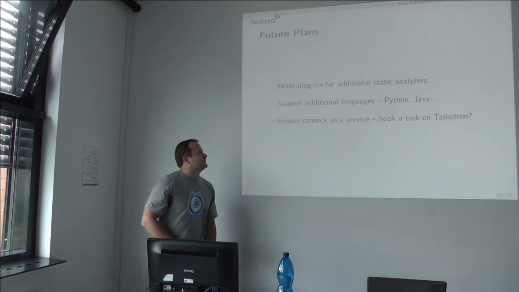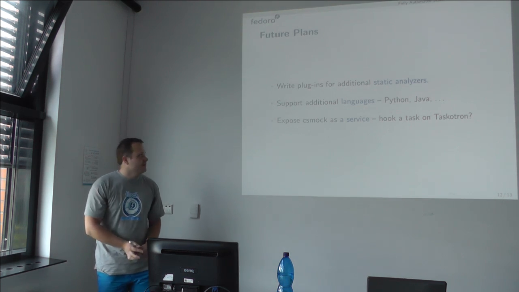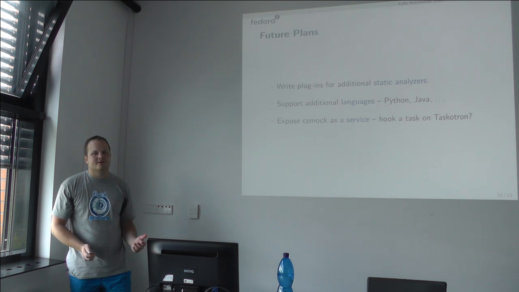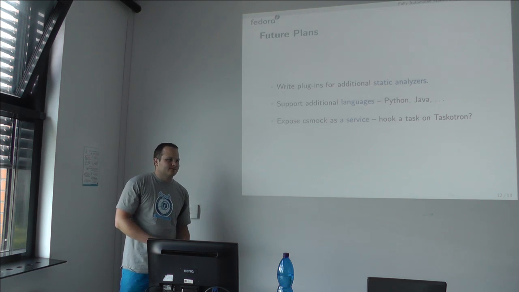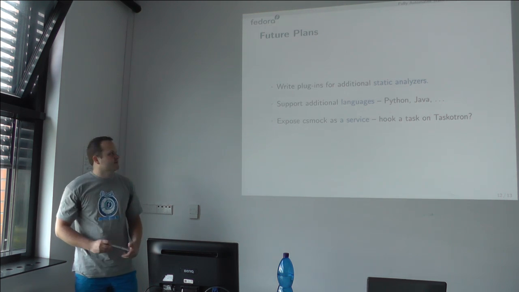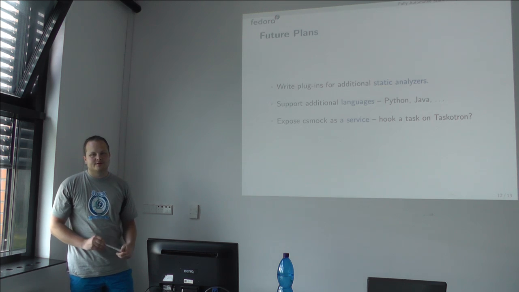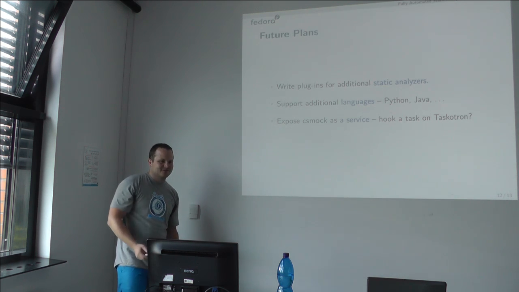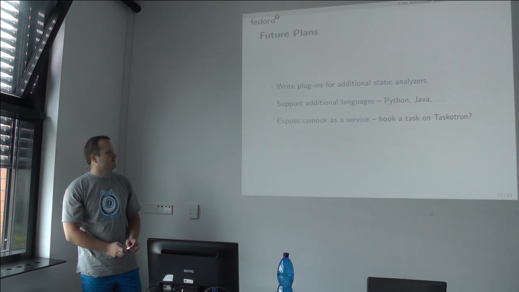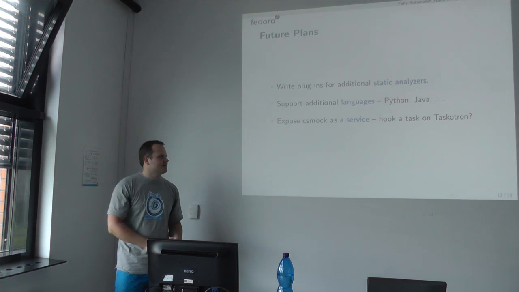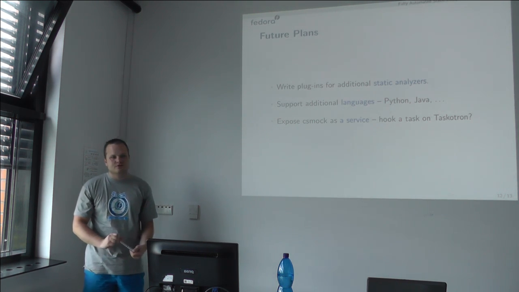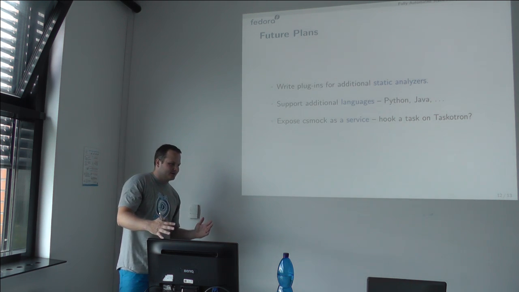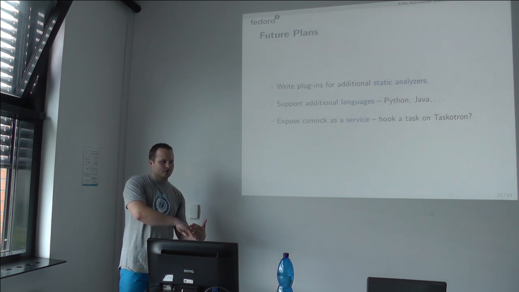So our future plans include writing plugins for additional static analyzers to support additional programming languages like Python or Java, and, as you already suggested, to expose CSMock as a service. We can, for example, hook a task on Taskotron, but I don't think that's something that should be implemented in CSMock itself.